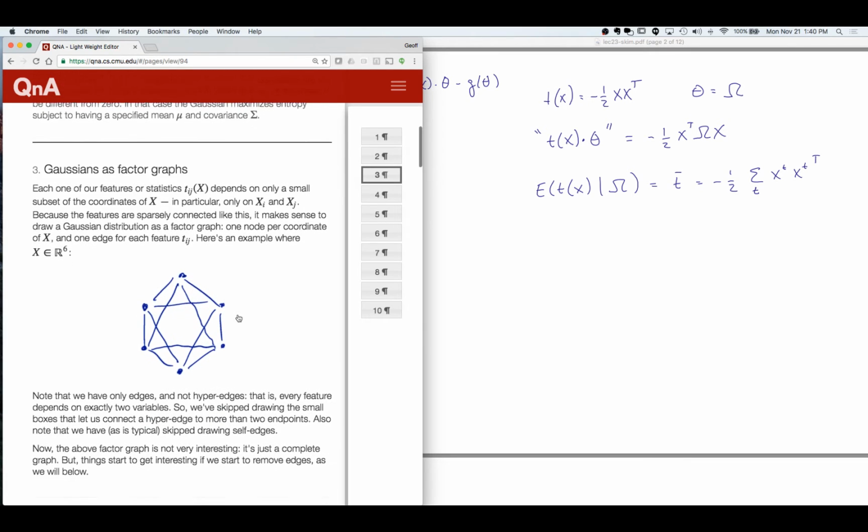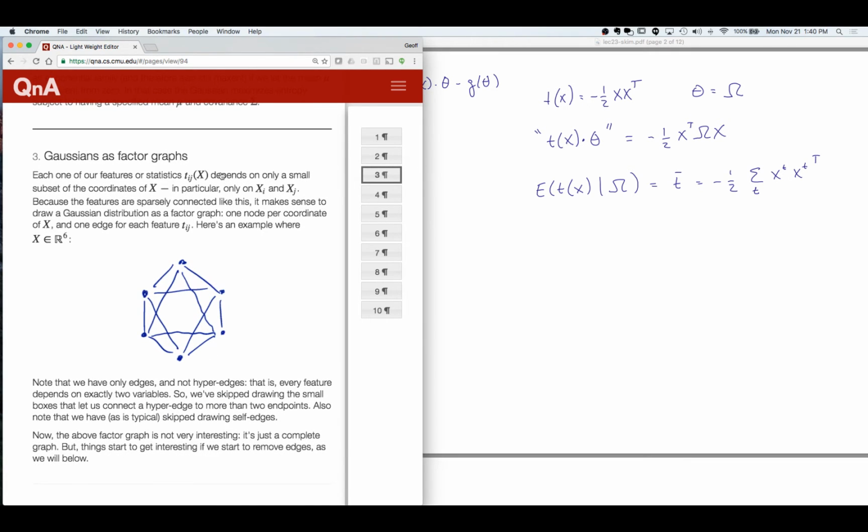Each one of our features, T_ij, is minus 1/2 times the expected value of x_i times x_j. And so T_ij depends only on the coordinates x_i and x_j. That's an example of being a sparsely connected feature. And with sparsely connected features, we use this idea called a factor graph to tell us which coordinates of x are directly connected to each other via the features.